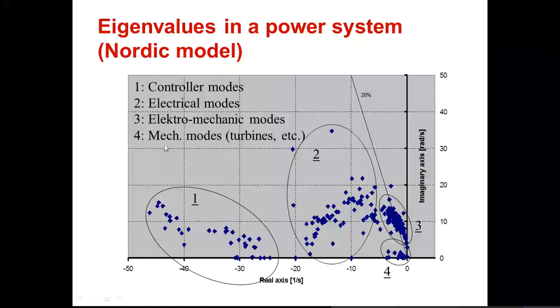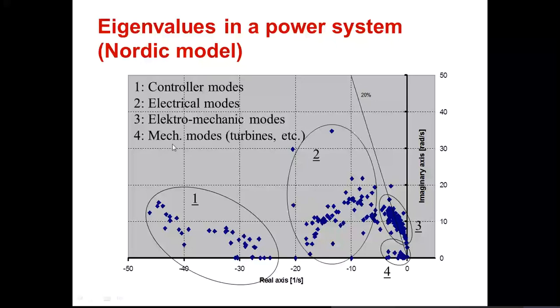They have a much higher negative real value. However, those state variables associated with, let's say, the exciter side, their eigenvalues are somewhere here. And then we have electromechanical modes, which you can say are the local modes, somewhere here.